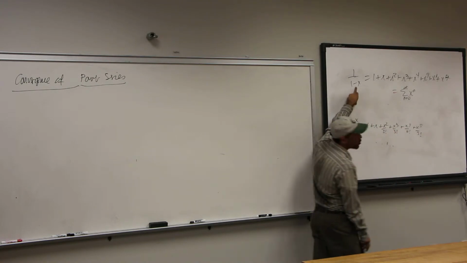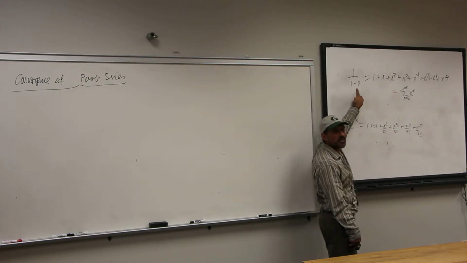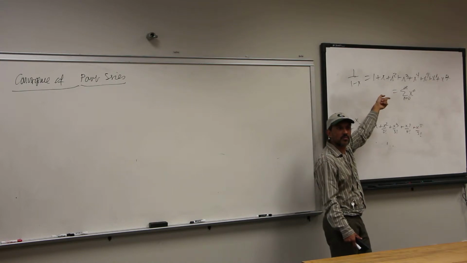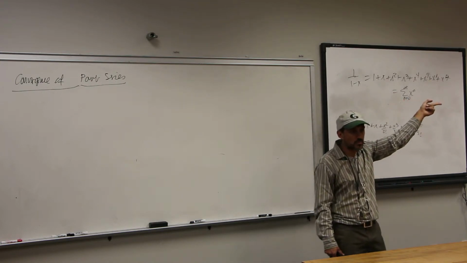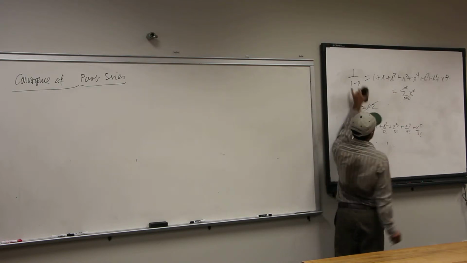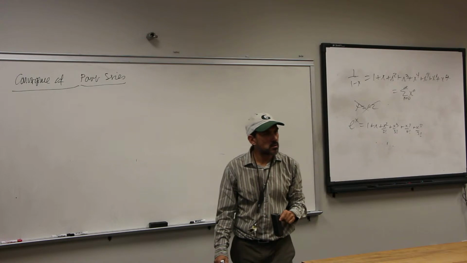Well, what if you put 1.2 here? What do you get? 1 minus 1.2 is negative 0.2. 1 over negative 0.2 is negative 5. Clearly it's not the same. You cannot put x equal to 1.2. They're not the same.